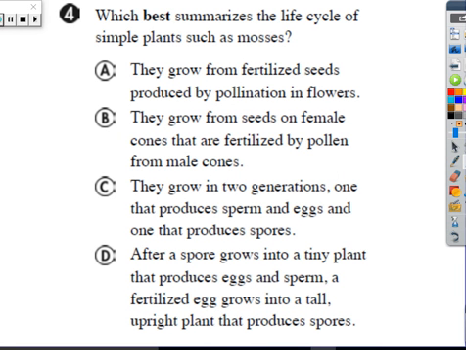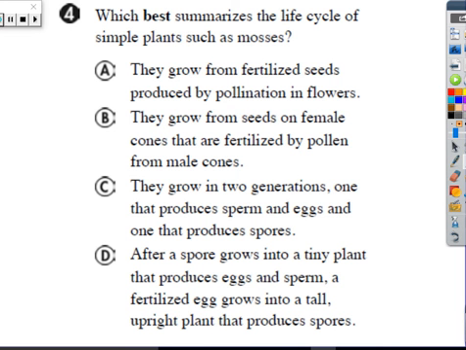What best summarizes the life cycle of a simple plant such as mosses? They grow from fertilized seed produced by pollinating in flowers. They grow from seeds on female cones that are fertilized by pollen from male cones.